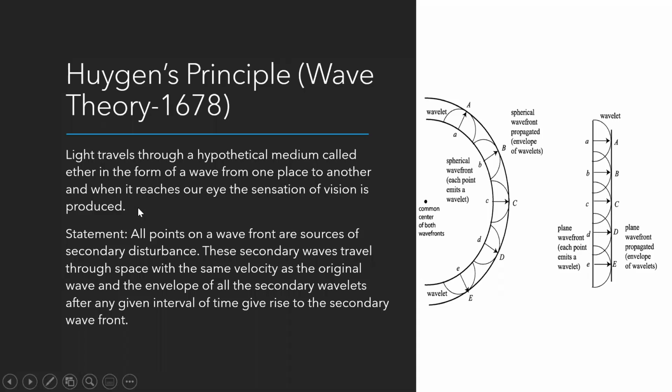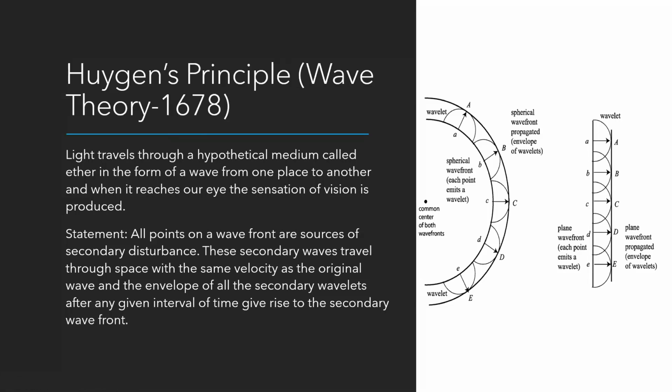Remember, back at that time, people believed that light consists of particles called corpuscles. So this was a revolutionary idea put forward by Christian Huygens. This medium ether does not exist. It was proved later.